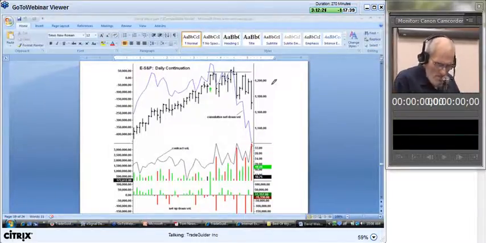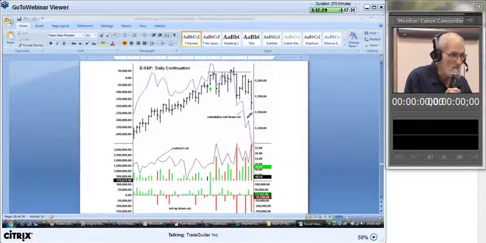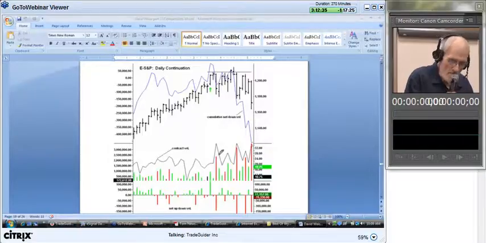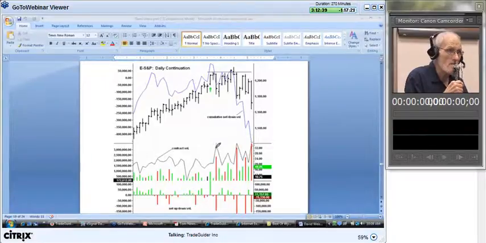Well, in any event, you see the huge ranges, the big red range bars, showing all the ease of movement on the downside. And you see, along with that, we have volume spikes at the same time. And also, we have large net down volume. So it's pretty obvious that we've had a great deal of selling here.